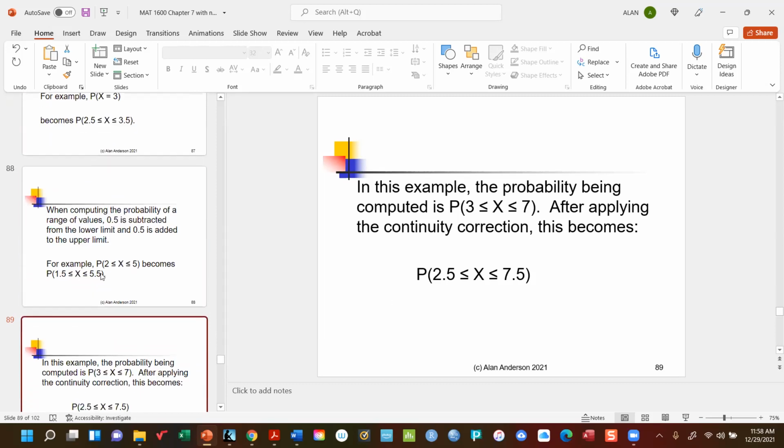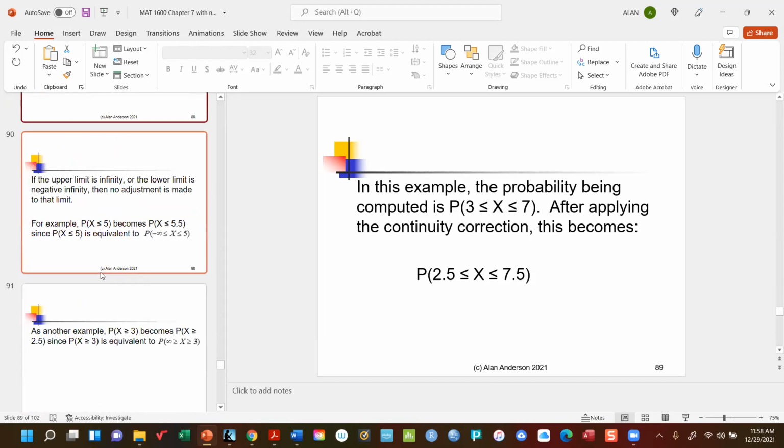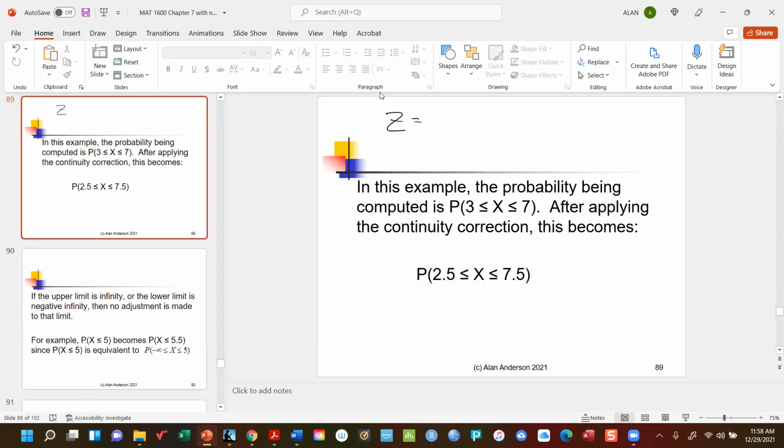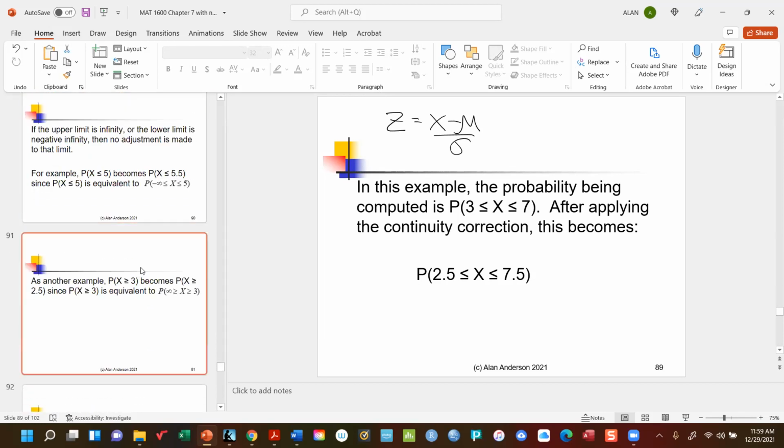Now, you'll recall, of course, that when we used non-standard normal random variables, we converted with this formula. We're going to do something similar here, but there's an important difference now. What is that difference? Okay, here we go.